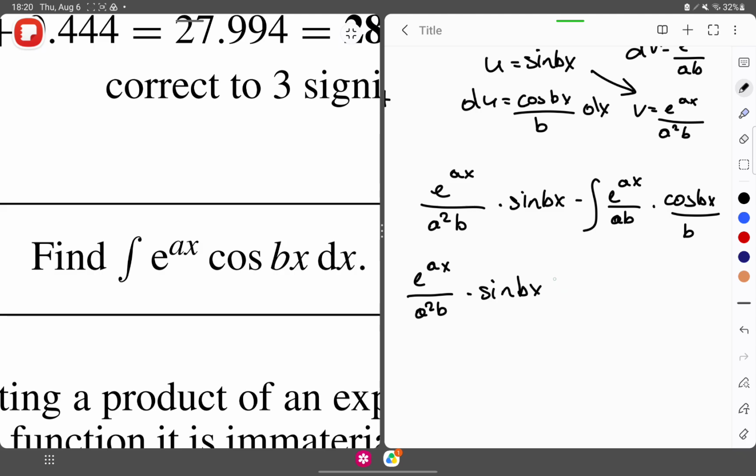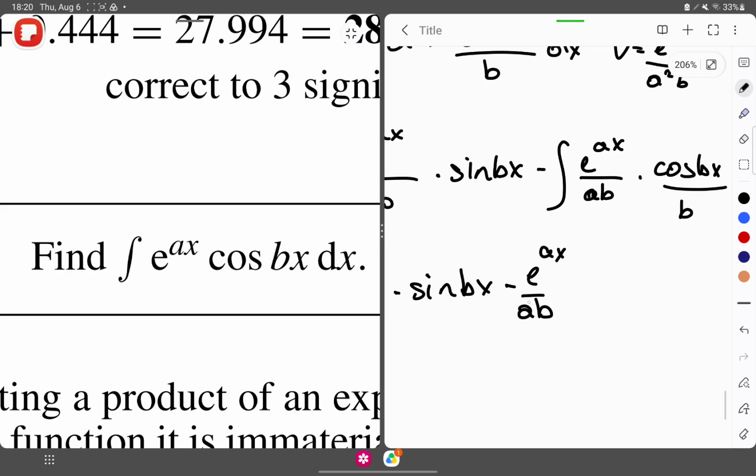I think that I write something wrong, but anyways, ab times e to the power of ax again over a, and it will be e to the power of ax over a squared b, a squared b. Okay, a squared b times cosine will be what?